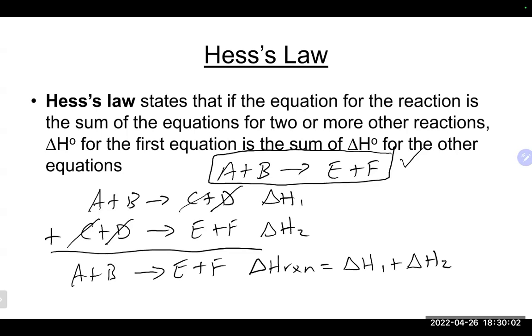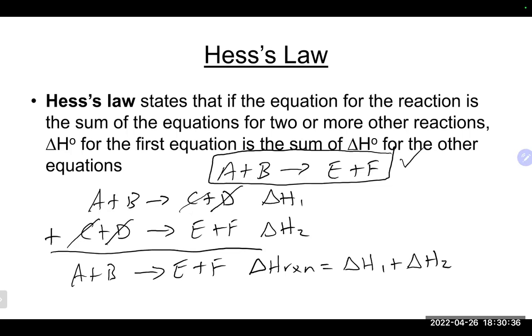Now, in this process of doing Hess's law, where they give you an overall reaction that you're looking for, and you need to take a bunch of individual reactions to build the reaction you're looking for, this is where we talked about earlier that you may have to manipulate some of these equations. You may have to reverse a reaction. So a reminder that if you reverse a reaction that has a delta H value, the delta H value changes sign. So if it's positive, it becomes negative. If it's negative, it becomes positive.